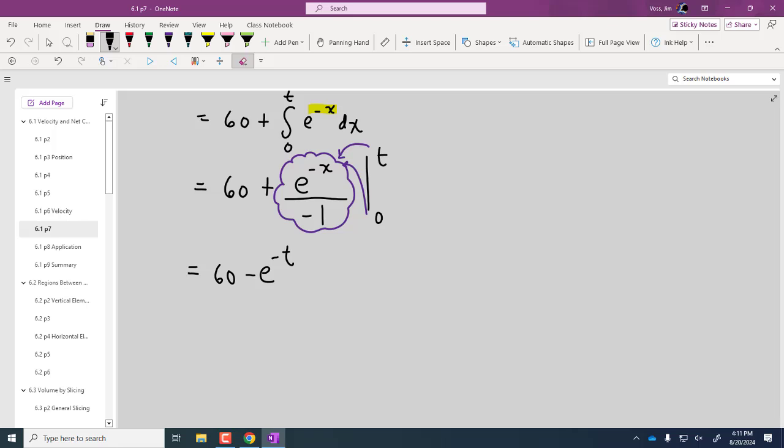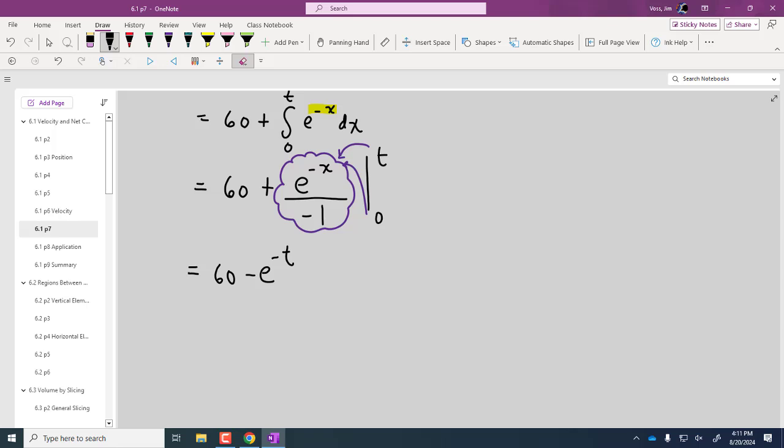And what happens when we plug in 0? What do we get? If we plug in x equals 0, e to the 0 is 1. This whole thing doesn't become 0, right? E to the 0 is 1. So in here we have a negative 1. If you were to plug that 0 in right here, you end up with negative 1. But because it's the lower limit of integration, we're subtracting.